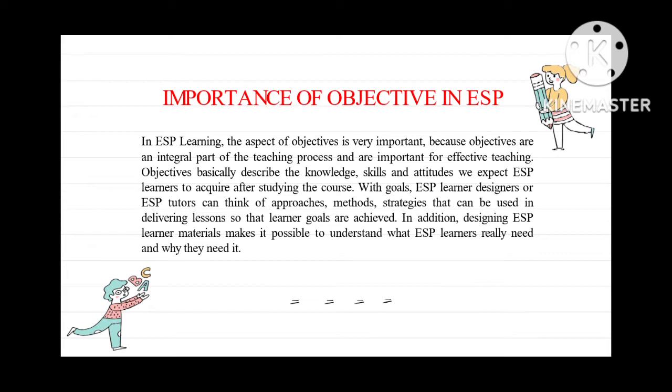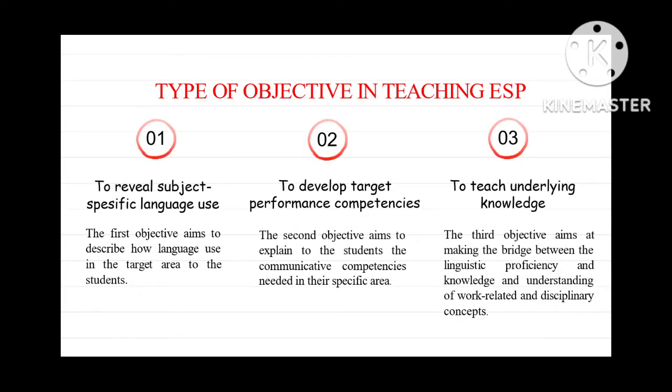With goals or objectives, ESP course designers or ESP tutors can think of approaches, methods, and strategies that can be used in delivering lessons so that learner goals are achieved. In addition, designing ESP learning material makes it possible to understand what ESP learners really need and why they need it.